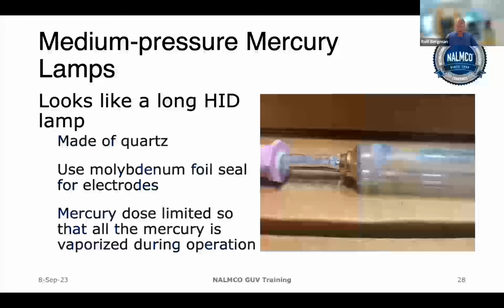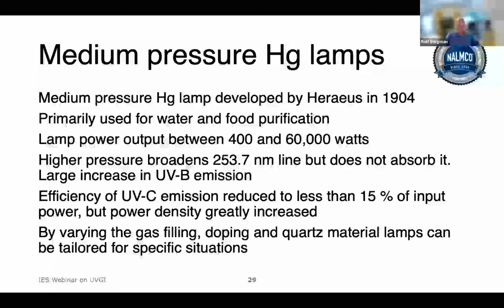And then you run the discharge high enough that the walls get much hotter than they do in a fluorescent lamp. In a fluorescent lamp, the power is limited so that the surface temperature of the lamp is only in the region of 50 Celsius, only 20 degrees above room temperature. But in a medium pressure lamp, you put enough power in the lamp that the lamp heats up and all the mercury evaporates.